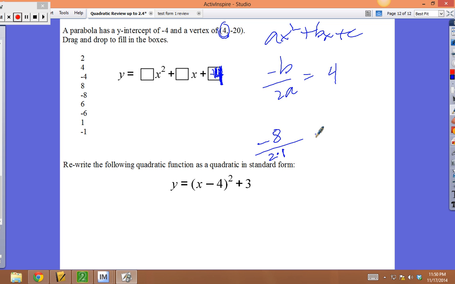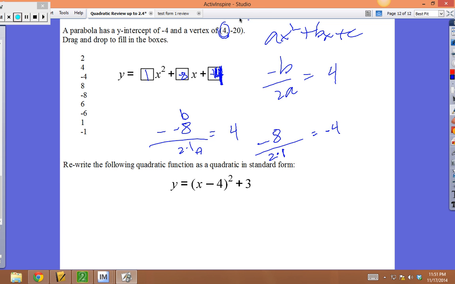So that will give me a negative 4, but I gotta end up with a positive 4. So here's the plan. I want to drop in a negative 8 over 2 times 1, and that will give me 4. So this is my b and this is my a. So I'm going to put 1 in for a, and I'm going to put a negative 8 for b.